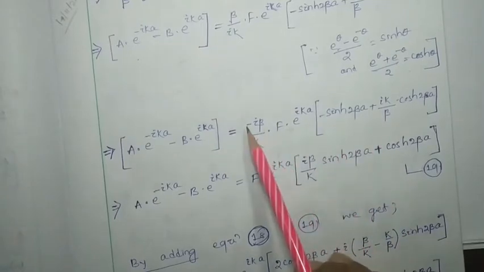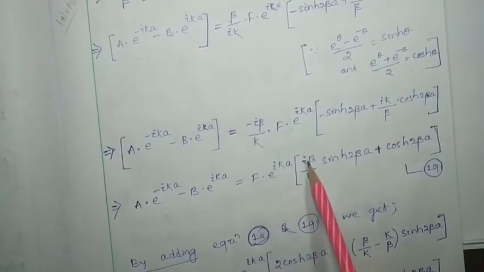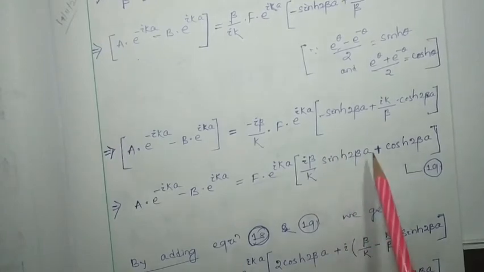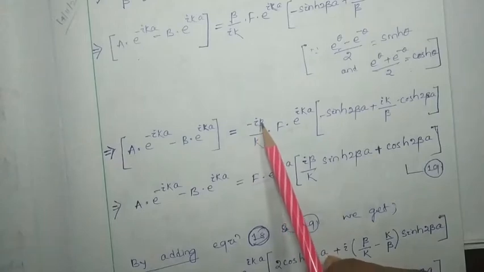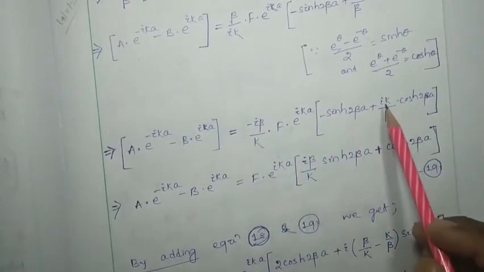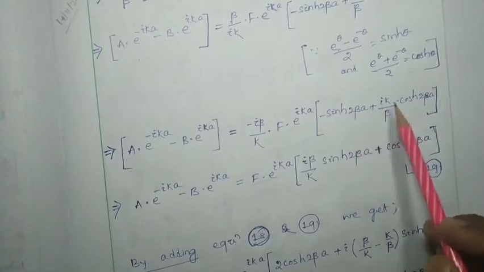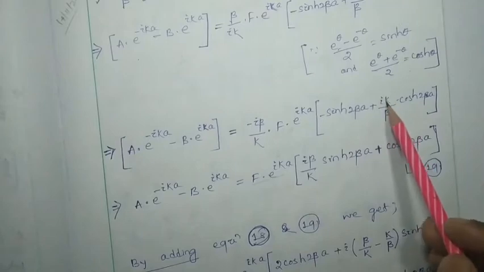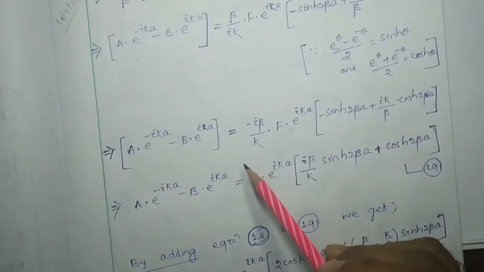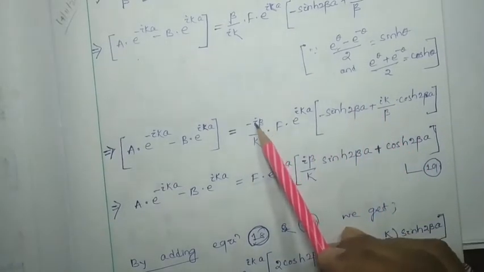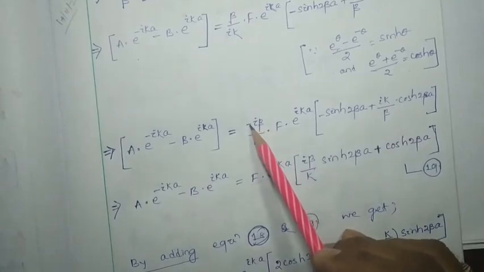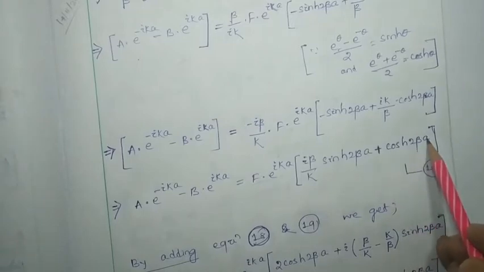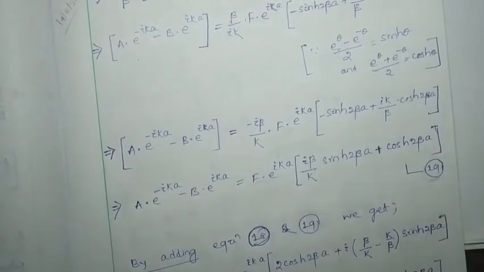Here minus is there, here minus will be plus i beta by k sinh 2 beta a. Okay, here you can see i beta by k, here i k by beta, when they are multiplied, what we can get: k gets cancelled, beta gets cancelled, and here i square is minus 1, this is minus, so it will be plus cosh 2 beta a. Let this be equation number 19.